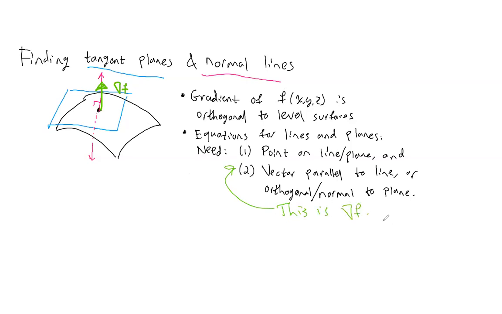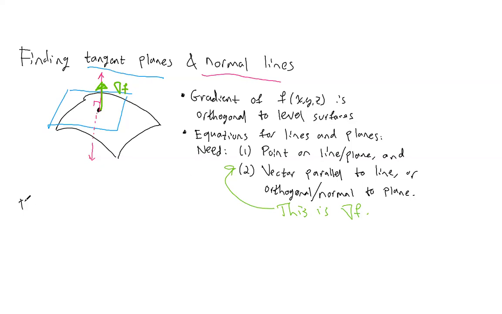That's just the gradient of our vector. Because if we're working with something that's parallel to the orthogonal line, and the gradient is orthogonal to the surface, then the gradient should be the vector that we want. And likewise for the tangent plane. So that's the most important thing to just keep in mind here as we're going about this.